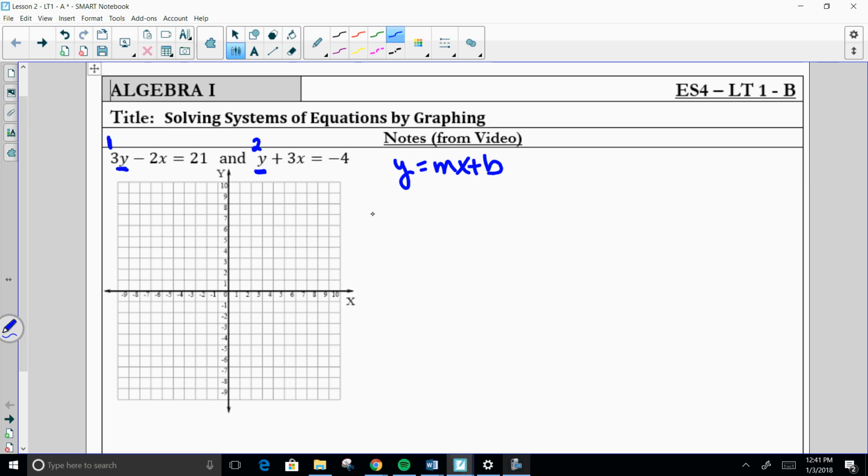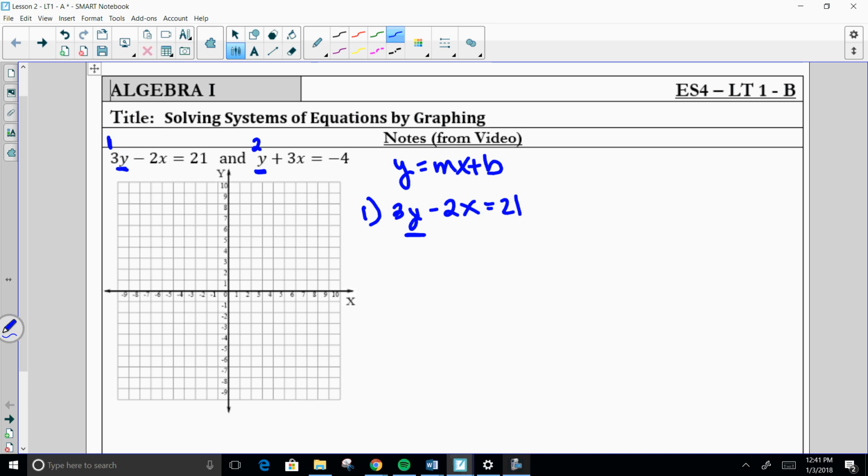So what we have to do is put equation 1 in slope-intercept form. We're going to start off by putting the first equation in slope-intercept form, which means that this y right here has to be by itself, which means that this 2x and this 3 have to move to the right side of the equation.